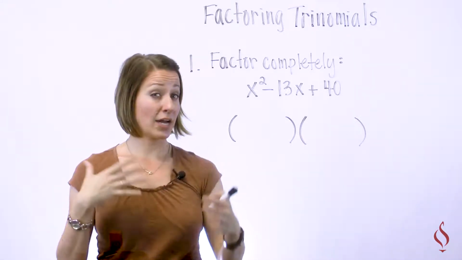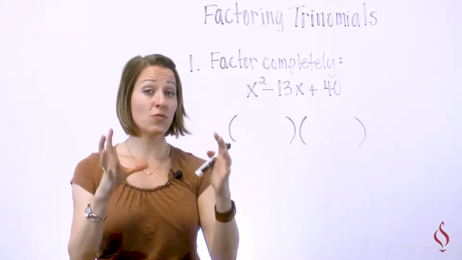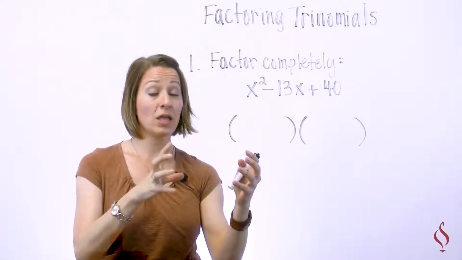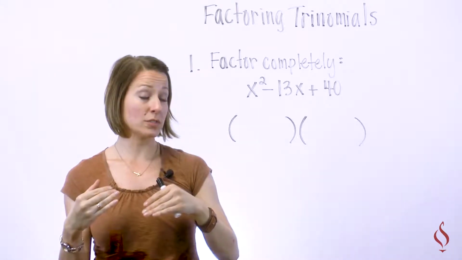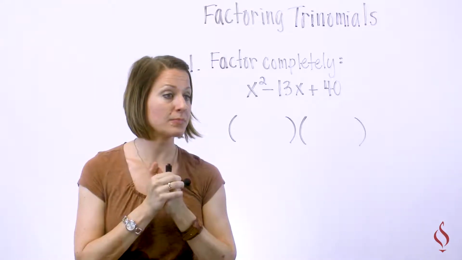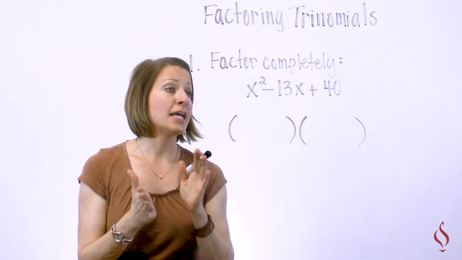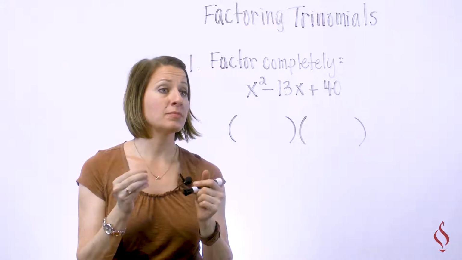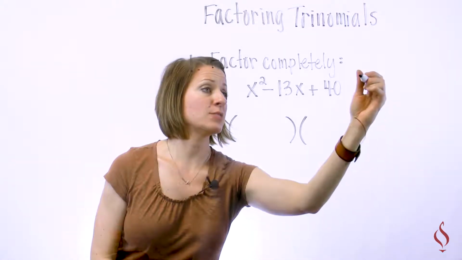And I'll show you how we're going to take FOIL, the F-O-I-L, and work it backwards. All right? Here we go. Now FOIL, let me just go ahead and write that word down.